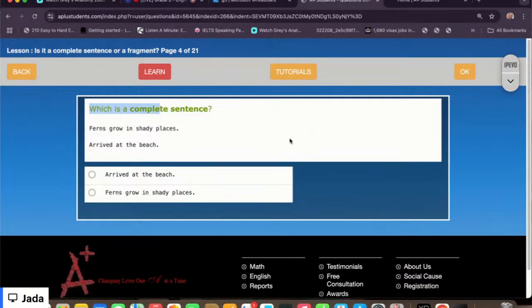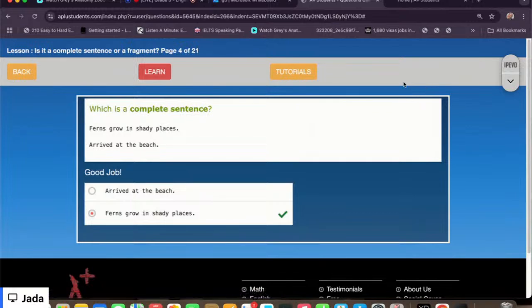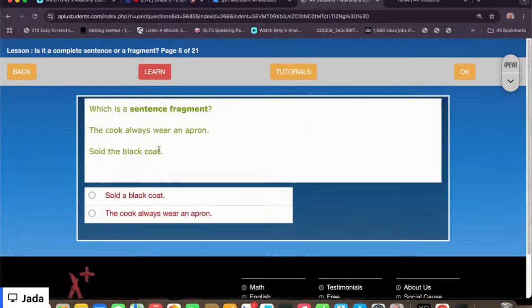Okay, the complete sentence is "ferns grow in shady places." Alright, correct. So what about this? Sentence fragment: "The cook always wears an apron" or "sewed the black coat." Which one?